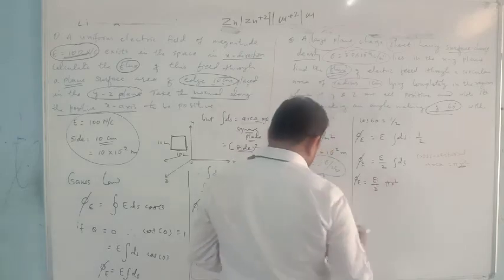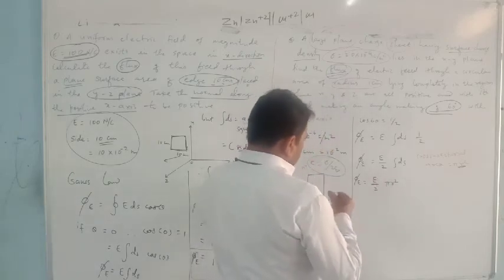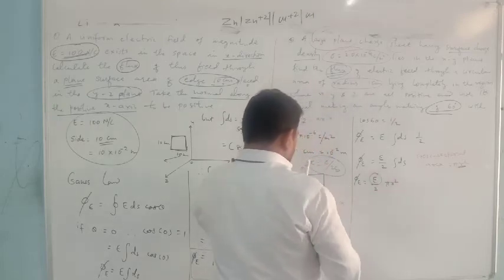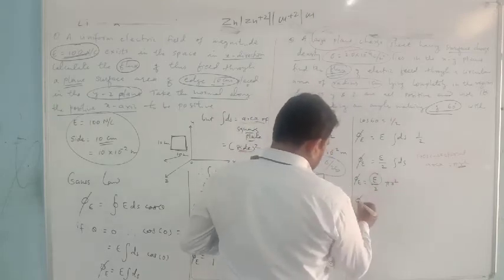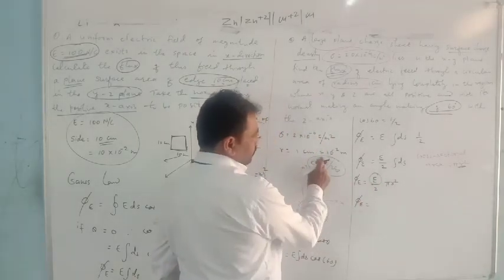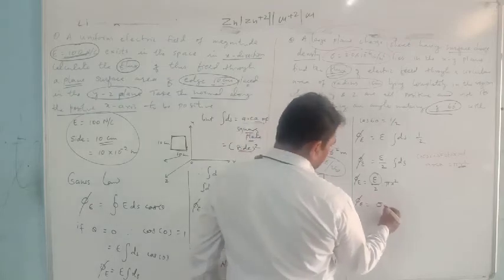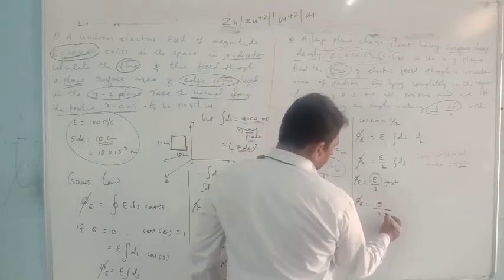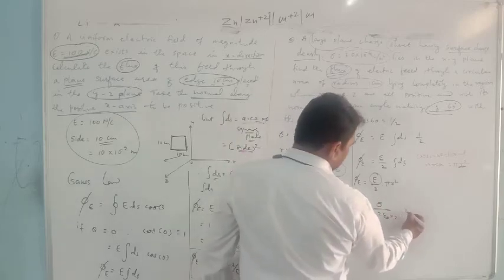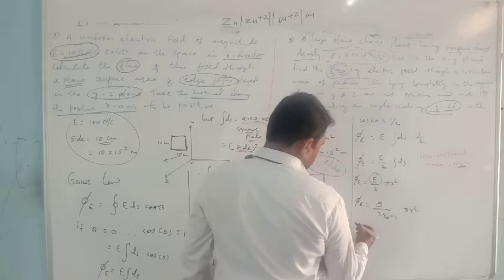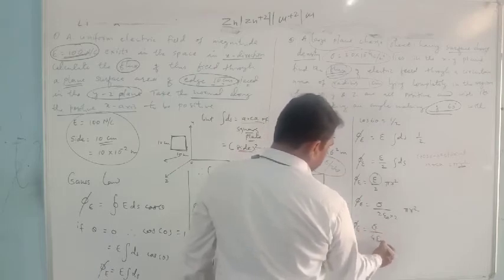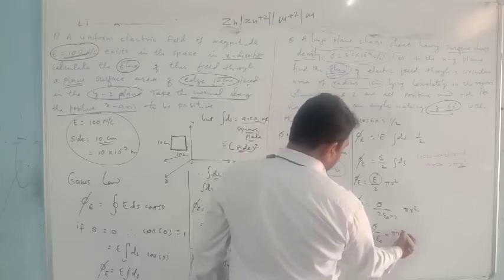So instead of E, we use sigma upon 2 epsilon naught, and already 2 is there, into pi r square. So electric flux will be sigma upon 4 epsilon naught into pi r square.